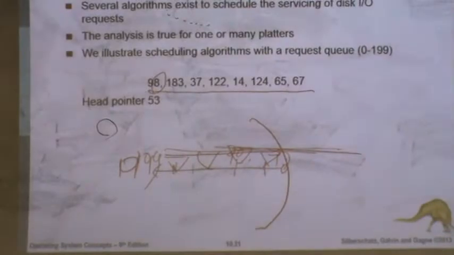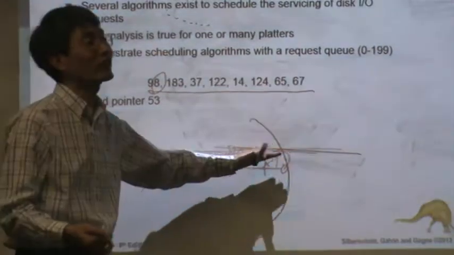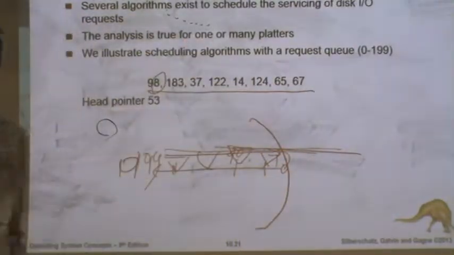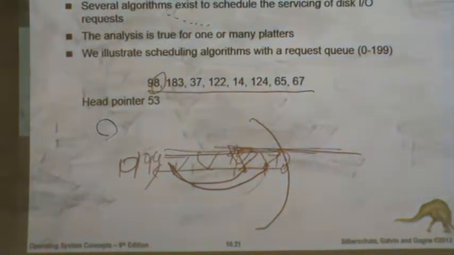Then what is the total seek time? Total seek time is the total distance of moving the disk arm. So for example, from 98 to 183, then moving back to 37, then 122 and 14. The sum of the total moving distance is the seek time.